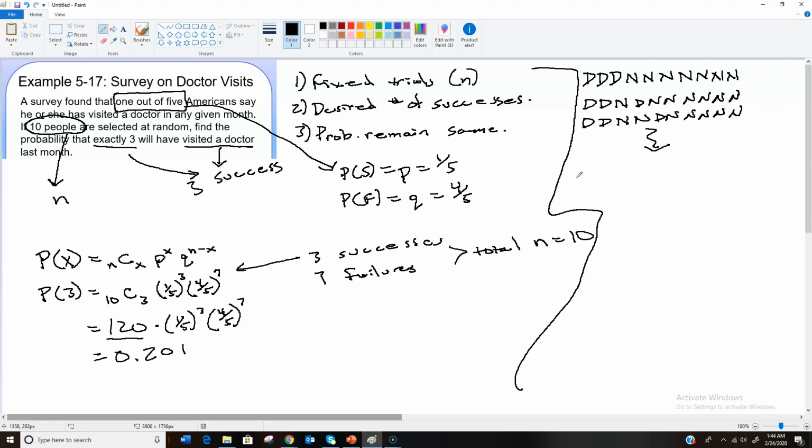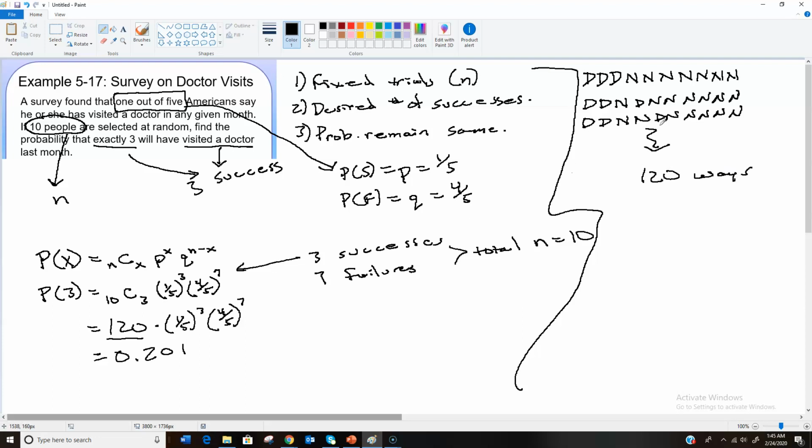After you did that, you would have to do 4 D's. I'm sorry, not on this one you would not. I take that back. But you would have to do all the different ways that you could have these 3 D's somewhere in this order. And it just so happens that that is a 10 choose 3, which would be 120 different ways.